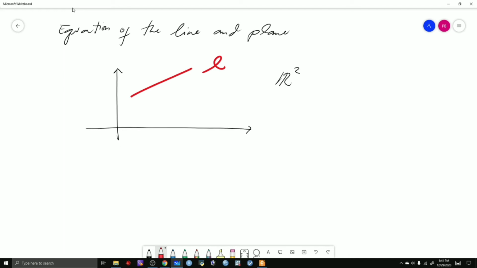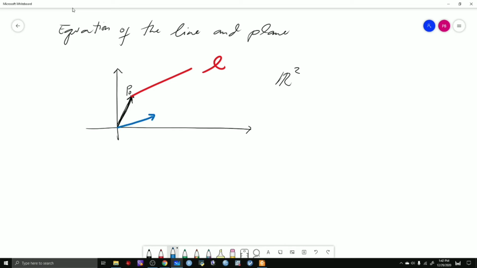Alright, so the definition of a line in the Cartesian plane is that a line is determined by a point that lies on it, so we call it P0, and a vector that is parallel to the line.